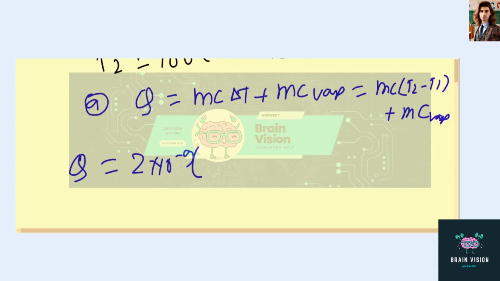So this will basically become 373 minus 306, into C, which is given as 4190, plus mass 2 into 10 to the power minus 9, into 2.256 into 10 to the power 6. So this basically becomes Q here.